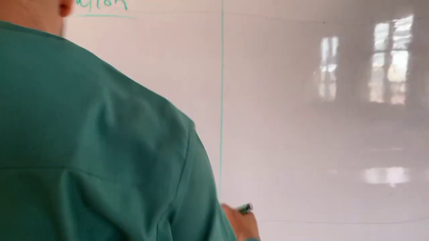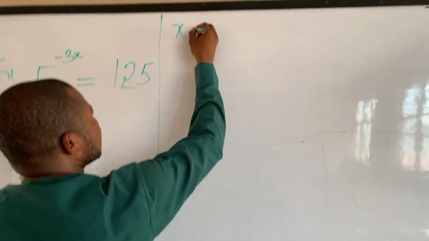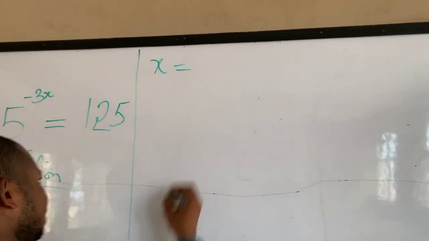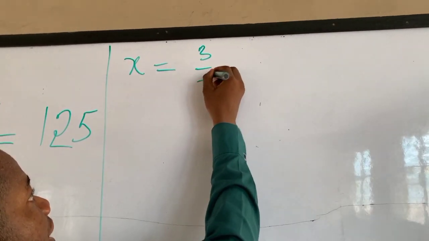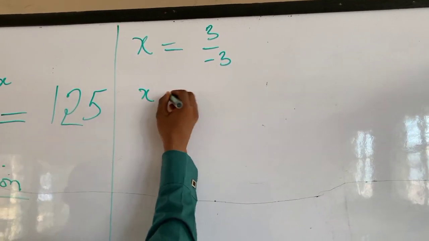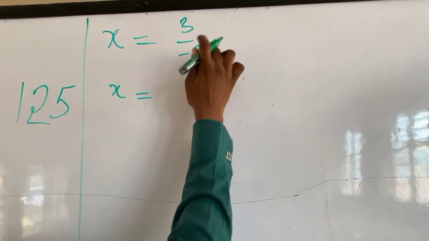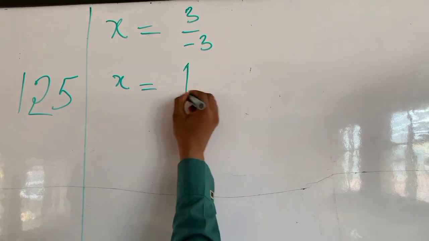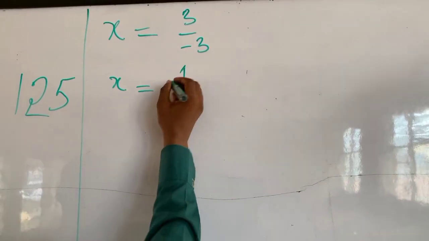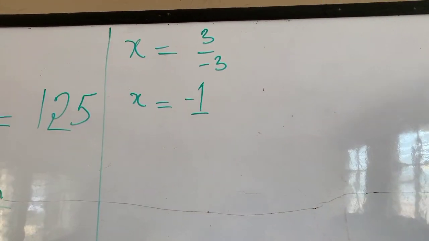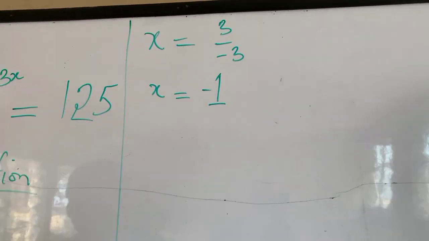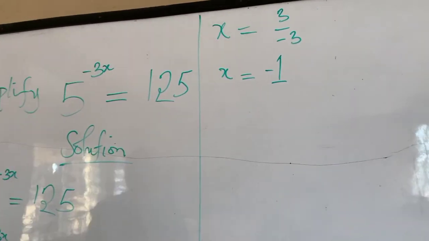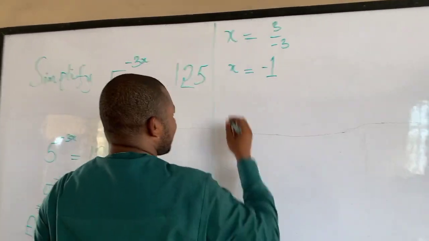So x is equal to 3 over -3. So x is equal to 3 divided by 3 is 1. Okay, so what do we have here? Negative. So the answer is -1.